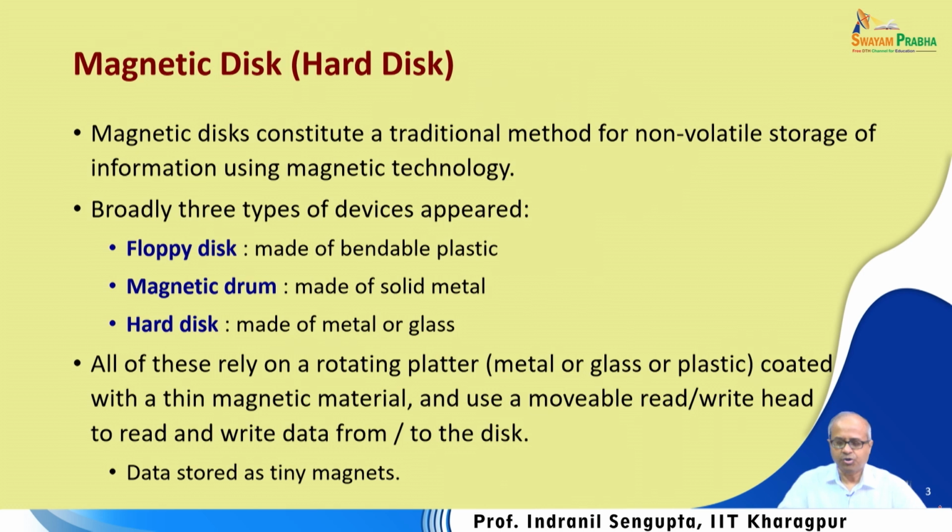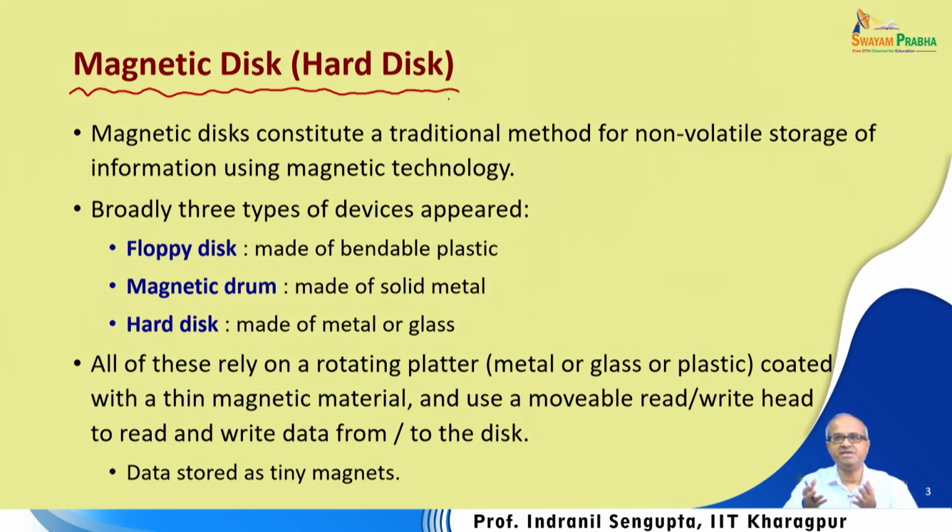So, talking about secondary storage media, we discuss the most common kind of storage media that we use in our computer systems today, which is the magnetic disk. Sometimes it is also called the hard disk, because the surface of the disk is hard, it is not flexible. Now, magnetic disk is in place for many decades.